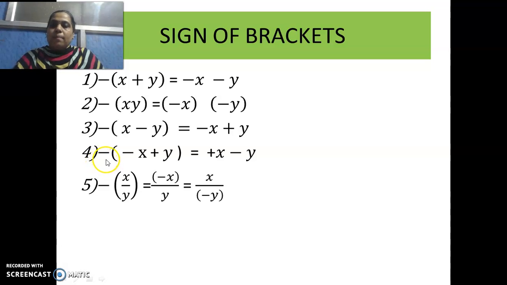Fourth, minus sign outside the bracket and minus x plus y inside, then the sign of minus x goes to positive, that is x, and the sign of y goes to negative. If x and y are in fraction form and a minus sign is outside the bracket, we can simplify minus x upon y as equal to x upon minus y.